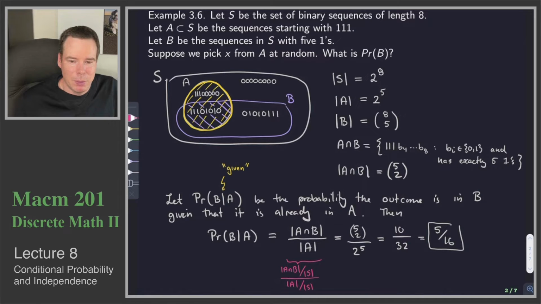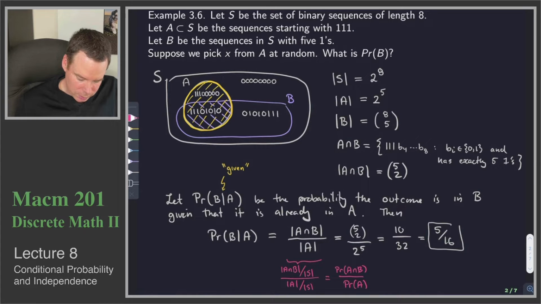So I multiplied by 1 in a fancy way. And this becomes the probability then of A intersect B all over the probability of A. So that's just another way to view it. Instead of viewing it as the size of sets, we can view the probability of B given A as the ratio of two probabilities, the probability of the intersection over the probability of A.